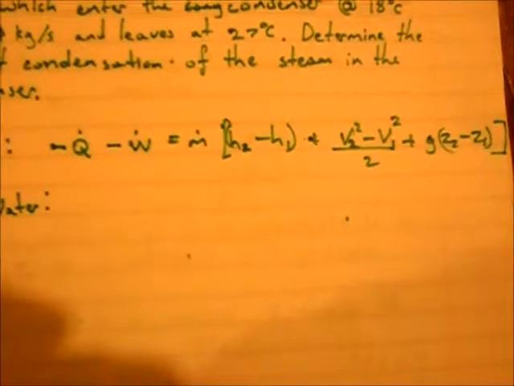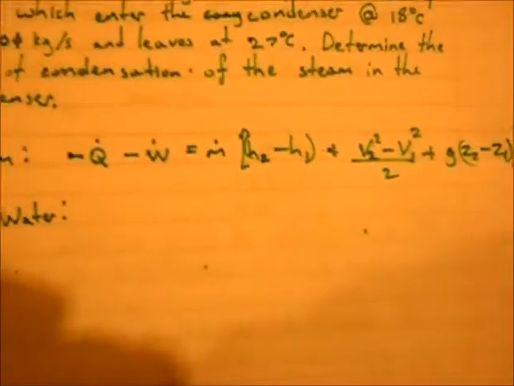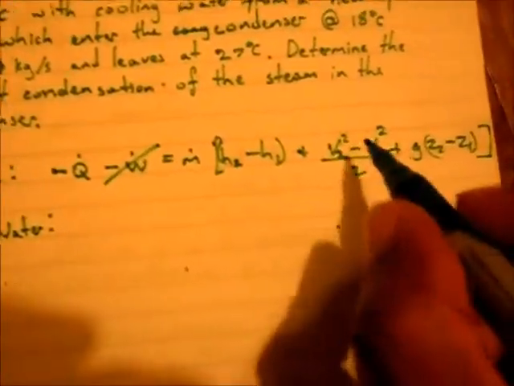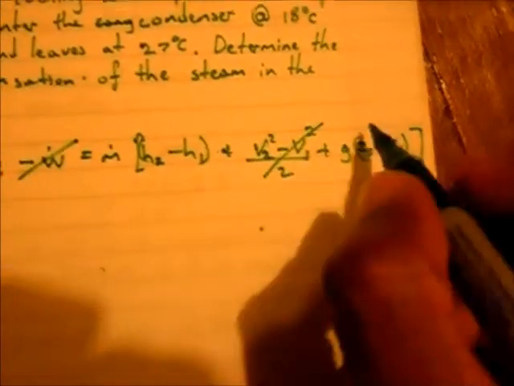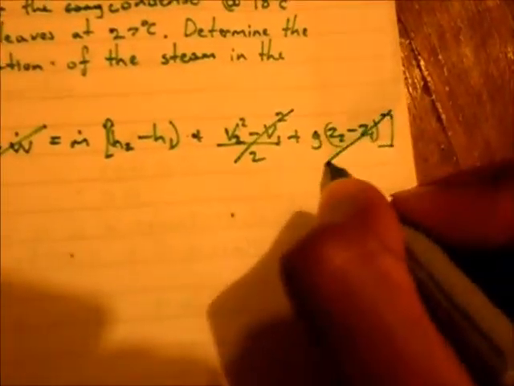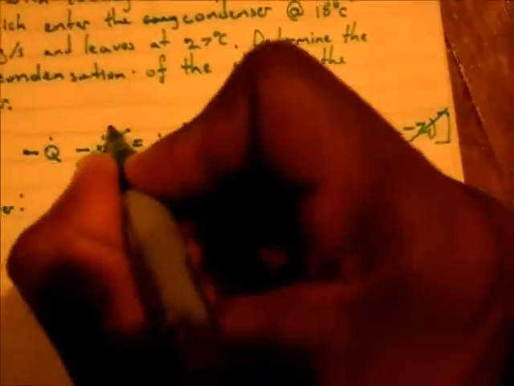Now, the first thing to know is that there is no work being done, so that term is gone, and in the condenser the speed is negligible, and also the height. So all these three terms go to 0.